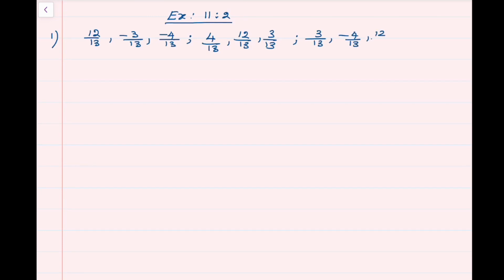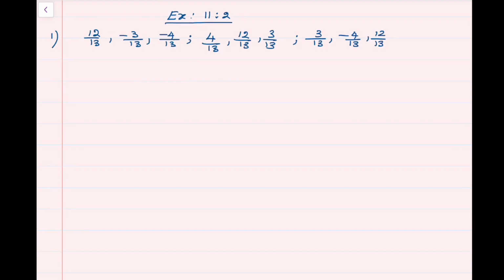Question number 1. Show that the three lines with direction cosines 12/13, -3/13, -4/13; 4/13, 12/13, 3/13; and 3/13, -4/13, 12/13 are mutually perpendicular.